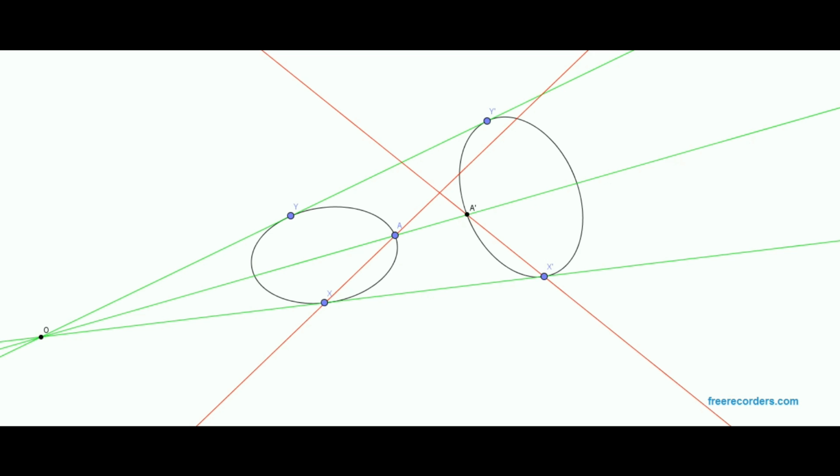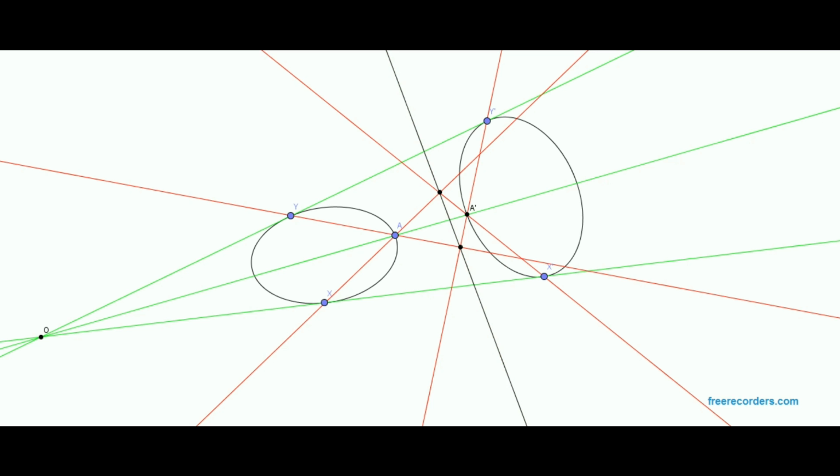And so those two lines are going to meet at a point, and this is going to be one of the points on our line. Similarly, AY and A dash Y dash again meet at a point on this line. So that's enough information for us to draw in this black line. And so this is what we can think of as the common chord, or a common chord, of our two ellipses.